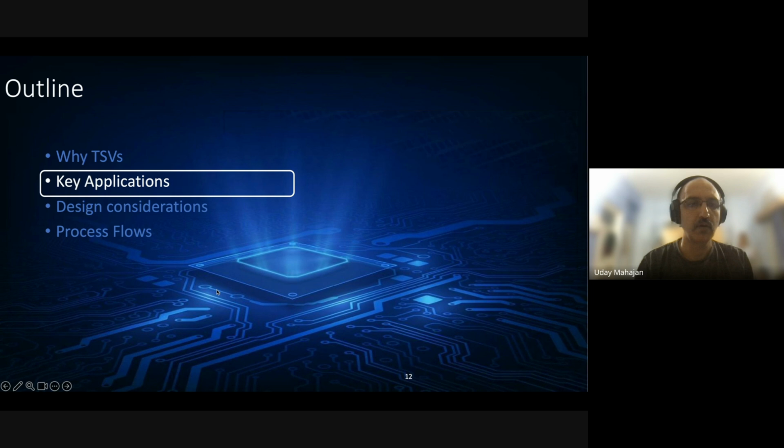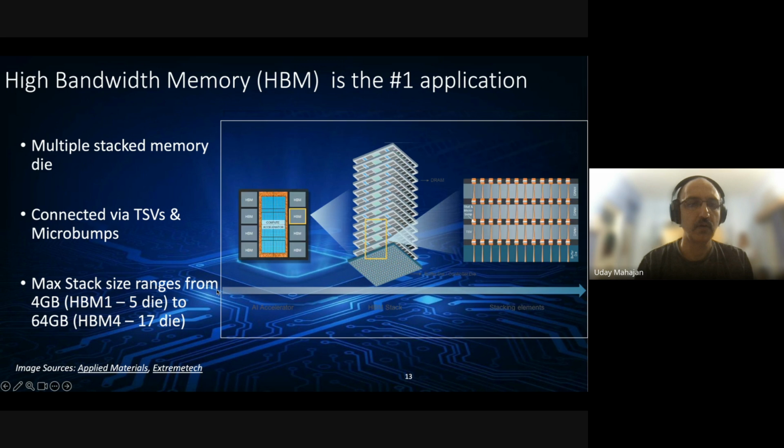Some key applications, right? So where are TSVs gaining adoption? Where are they adding value? First and foremost, this is the single biggest application and is also making the most news now, which is high bandwidth memory, or what's known as HBM, where you have multiple stacked DRAM memory die, which are connected via TSVs and microbumps.